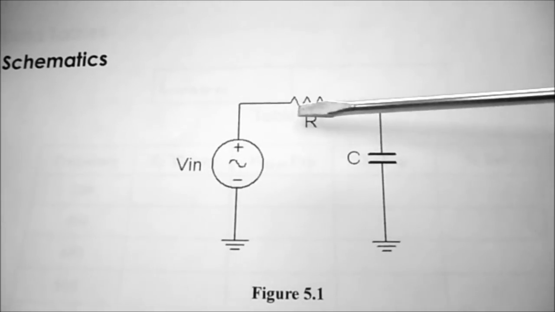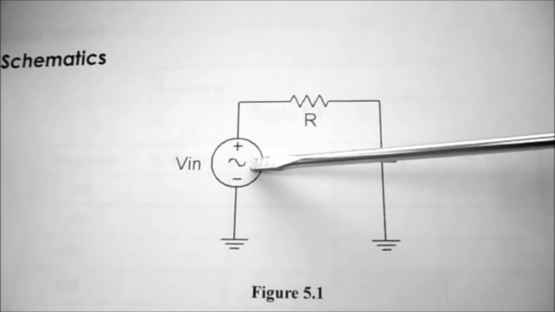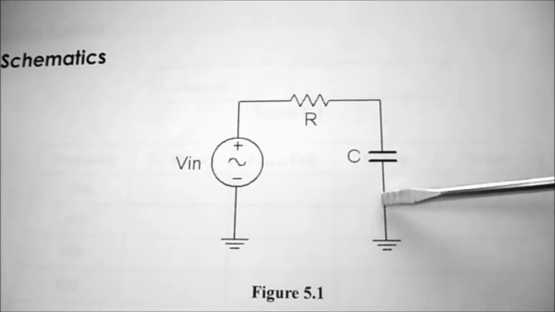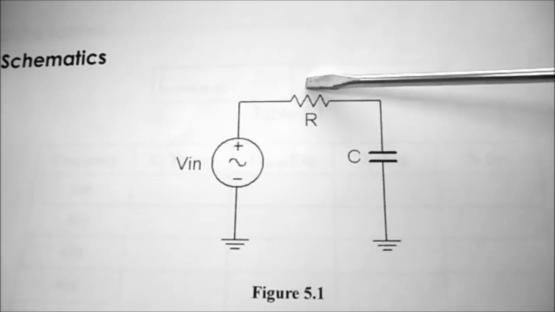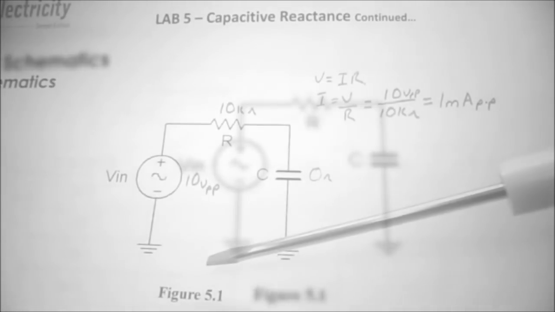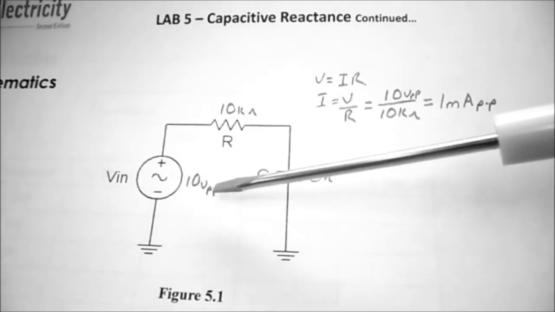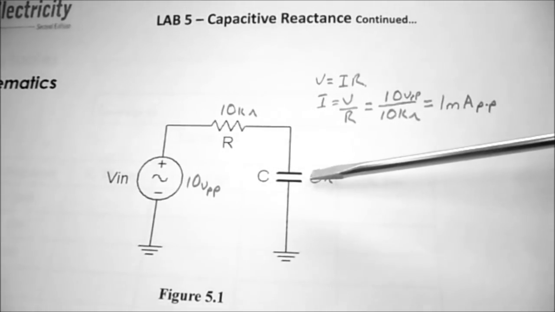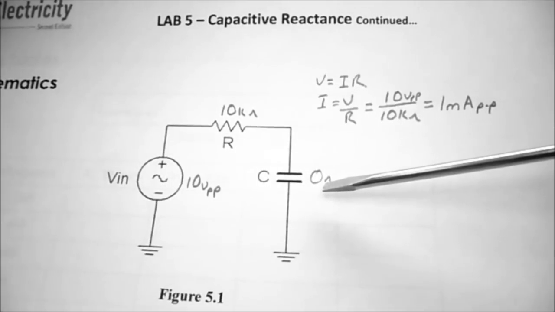All we're going to be doing on our circuit is putting in our 10K resistor. This will be 10 volts peak to peak, and we'll assume that the capacitor is a short circuit or very, very low resistance. So V equals IR, so I equals V over R. Using figure 5.1, we set our power supply to 10 volts peak to peak, with a 10k ohm resistor, assuming the capacitive reactance is close to 0.